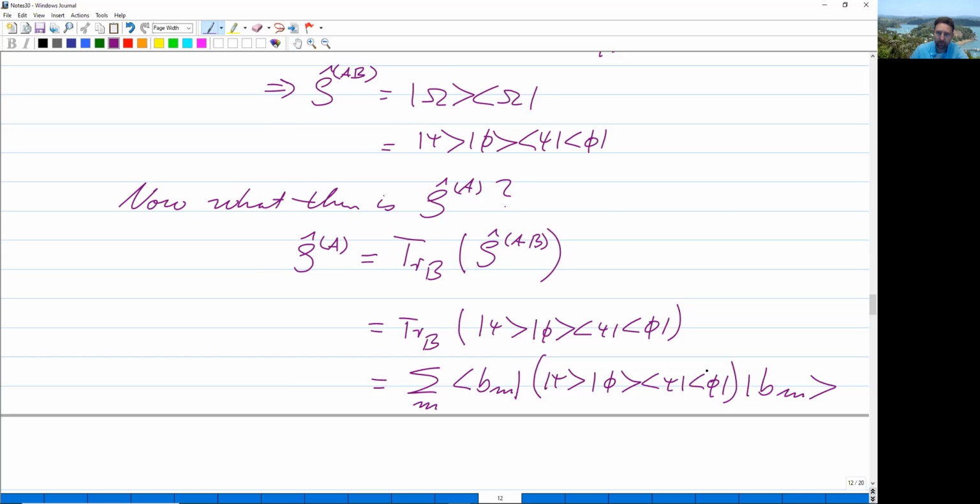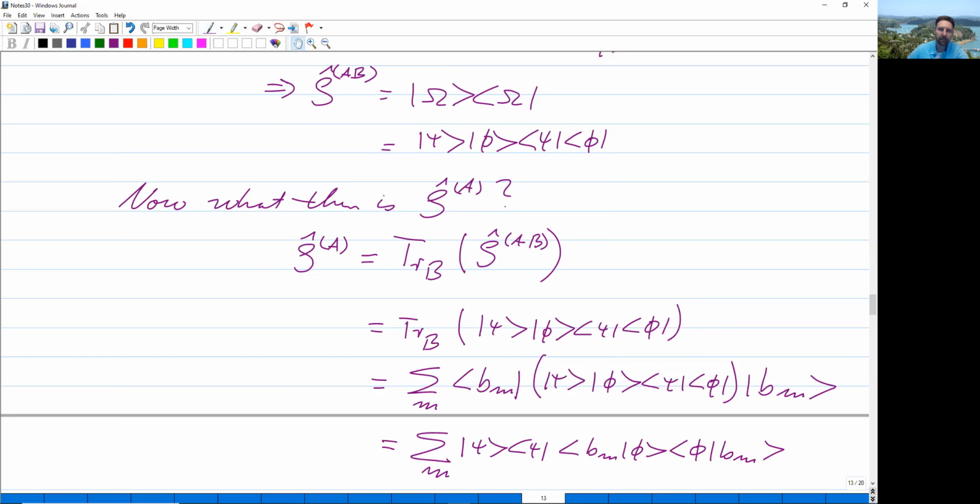And this is of system B's Hilbert space, actually the dual of system B's Hilbert space, and that is of system B's Hilbert space. So what we obtain is that this is equal to the sum over m, and then the psi ket and bra psi come out because they have nothing else to evaluate against. So we have psi, psi, and the rest becomes numbers. Namely, we have the bm catching this phi here, and then that phi catching that bm. Phi bm.